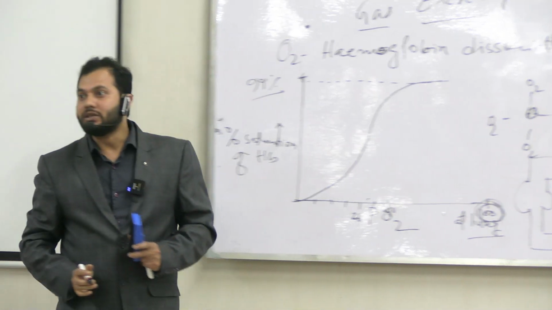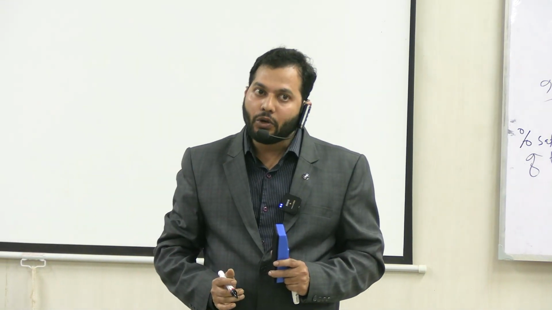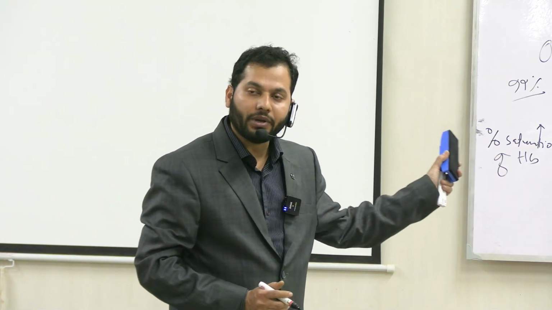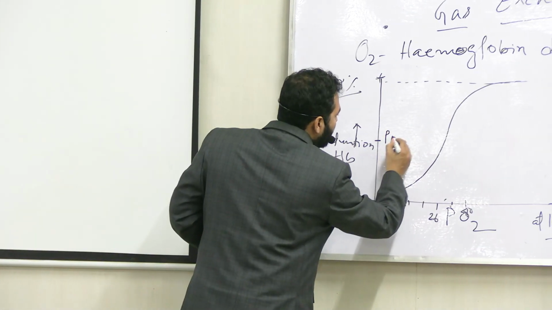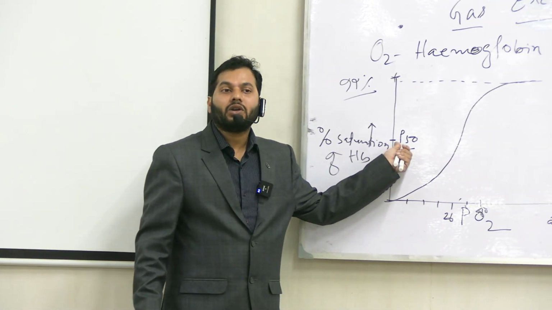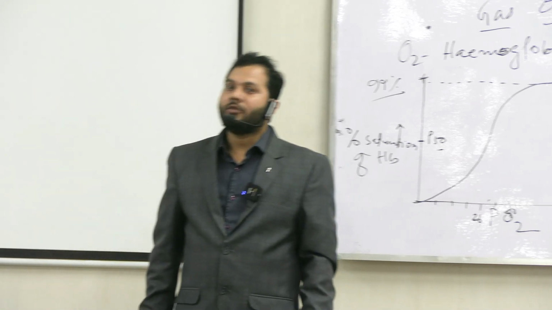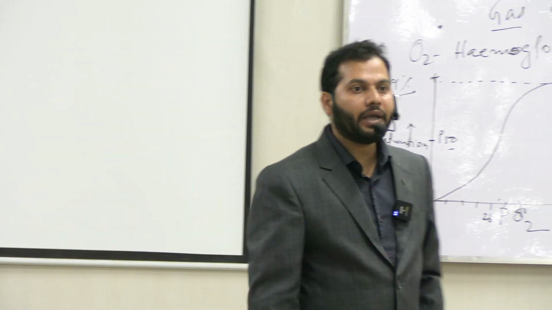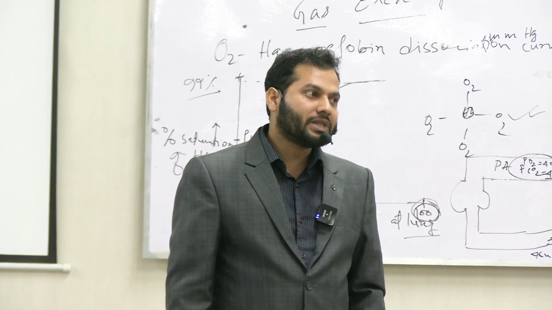Now, as I mentioned, this oxygen hemoglobin dissociation curve is the relationship between the partial pressure of oxygen and the percent saturation of hemoglobin. Now, if you see the curve, here it is called P50. What is P50? P50 means 50% of the hemoglobin is occupied by oxygen. It's called 50% saturation.